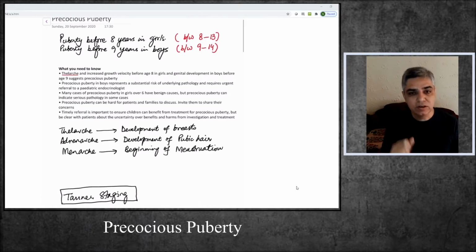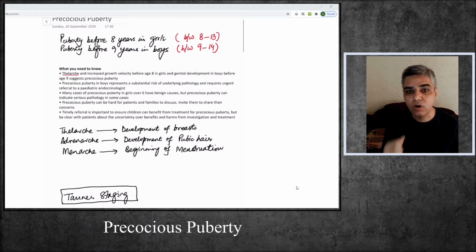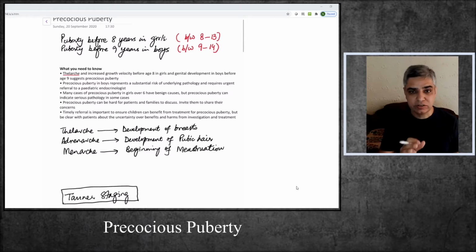Now remember, in girls most of the cases of precocious puberty are idiopathic, but in boys most of the cases have an organic cause. That's why in clinical practice, if you are dealing with a boy who has got precocious puberty, you need to find out the underlying pathology, and such cases would require urgent referral to a pediatric endocrinologist.